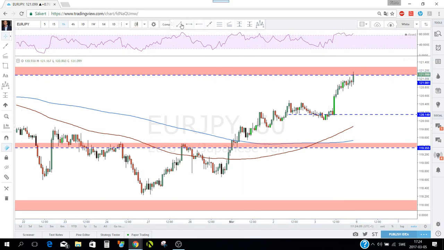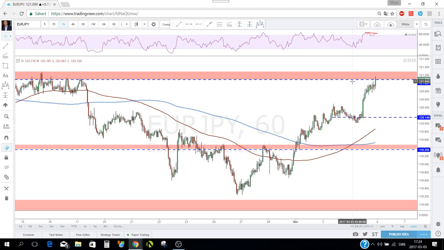back up here. As you see here, we have a little bit of divergence to the downside, and price is making higher highs. So the level to look at is exactly where we are right now. If you want to go short, wait for a signal to the downside.